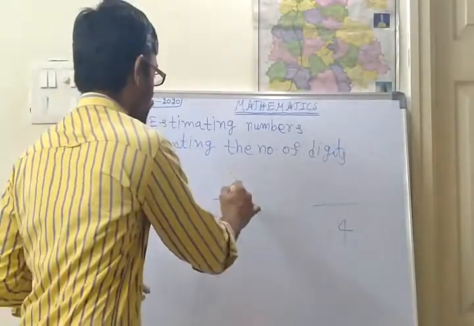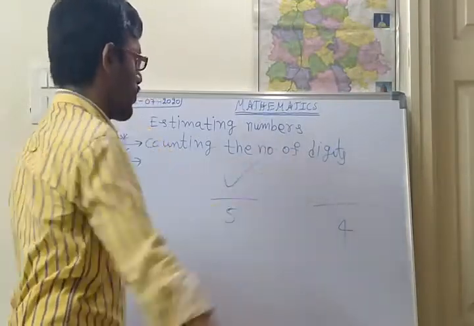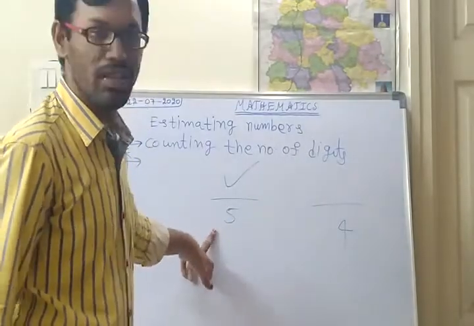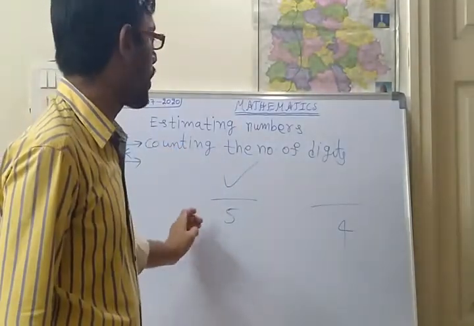By easily counting the digits, you can say that whichever number has more digits is the greatest number. Like this you have seen counting the number of digits.